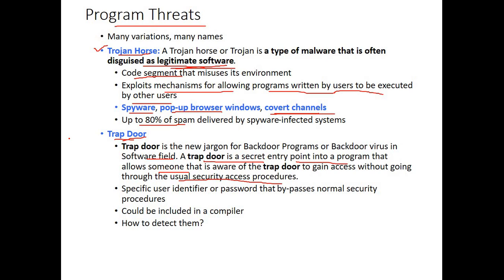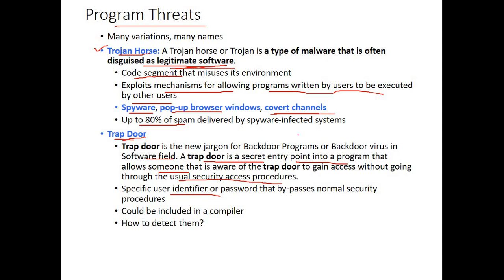But the trapdoor is not like that. It is a secret entry point. It totally bypasses the entire access methodology followed by the user, and it provides access to unauthorized programs to gain access to our system. So this is about trapdoor.